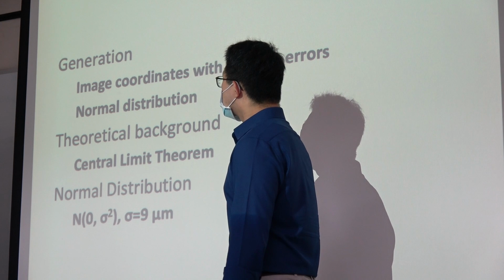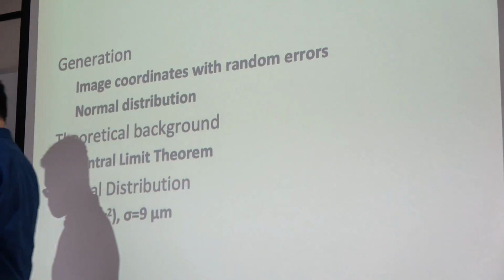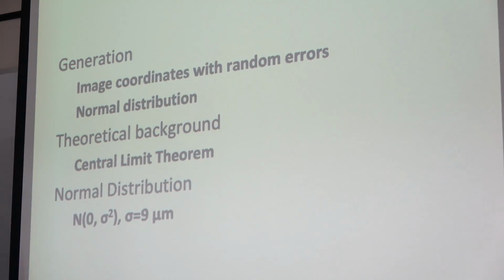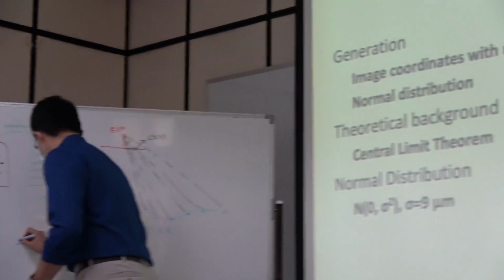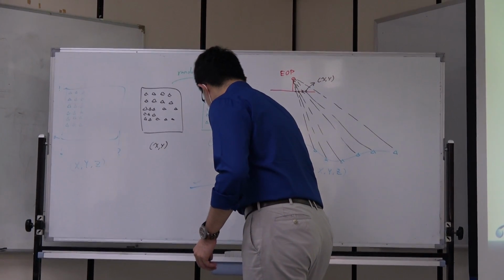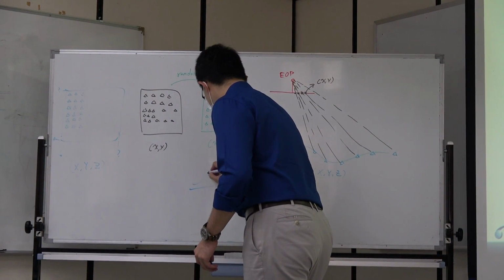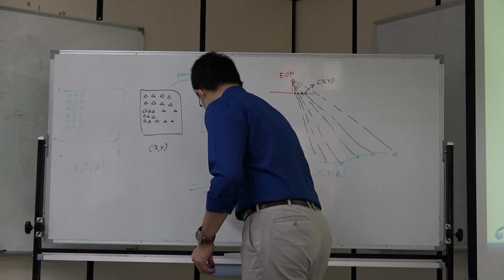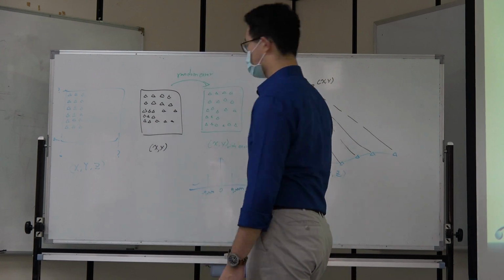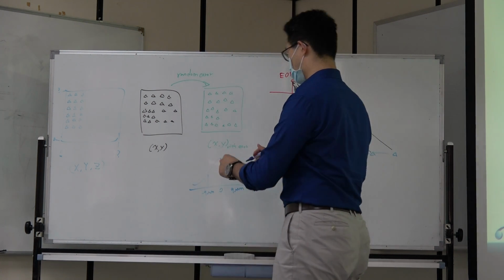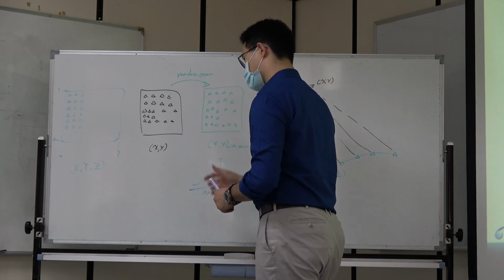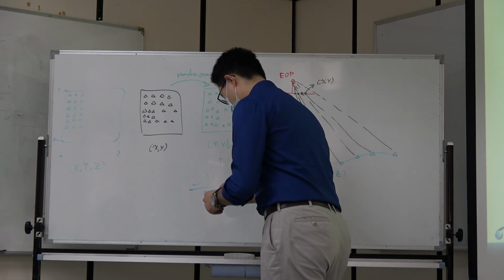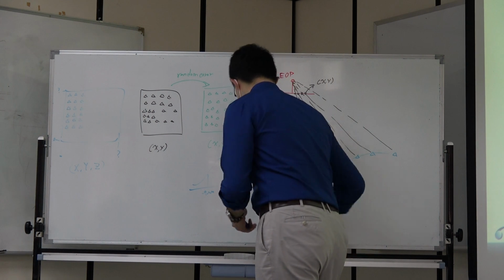Okay. When you see this, like I said, I believe I talked about this before. It means that you want to simulate random errors with this kind of normal distribution, and by following this normal distribution, you are going to pick the random error.